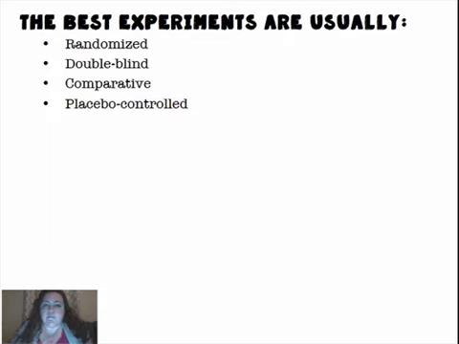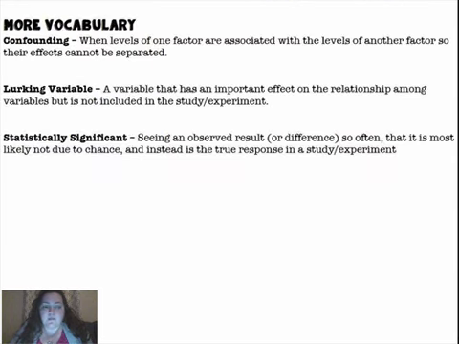All right, the best experiments are usually randomized, double-blind, comparative, and placebo-controlled. And then some more vocabulary that we've kind of talked about throughout this video. Confounding is when levels of one factor are associated with the levels of another factor, so their effects cannot be separated.